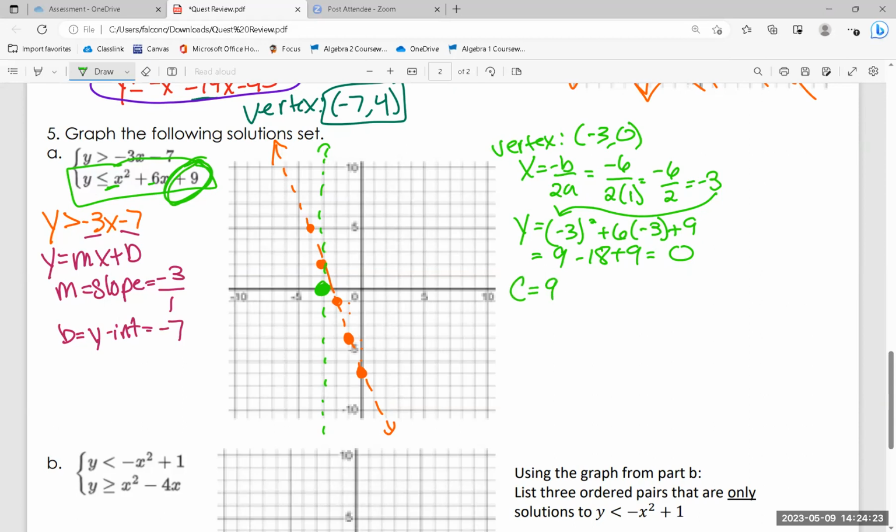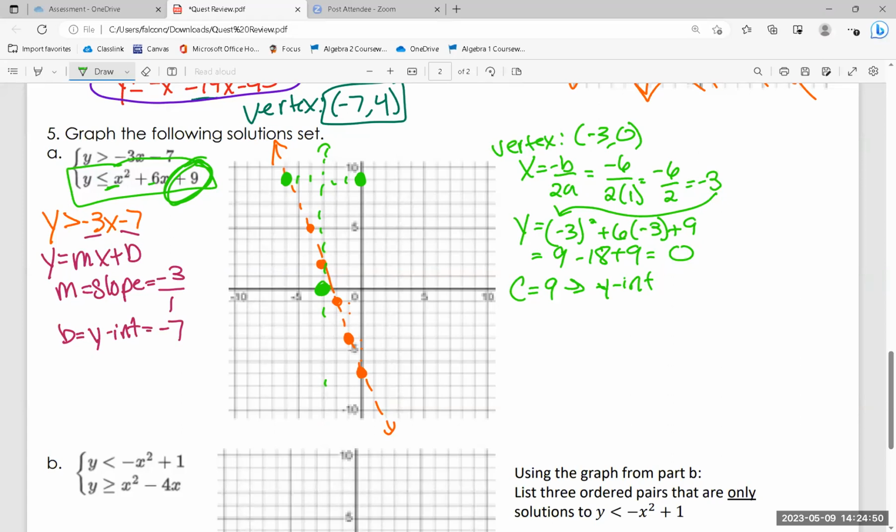So c equals 9, which is our y-intercept. This is where our graph crosses the y-axis. So I can go up to 9 on the y-axis and draw a dot. And then we can mirror that point over the axis of symmetry. Because it's 1, 2, 3 units away from the axis of symmetry, we can go to the other side, go 1, 2, 3 units, and there would be another point on our parabola.